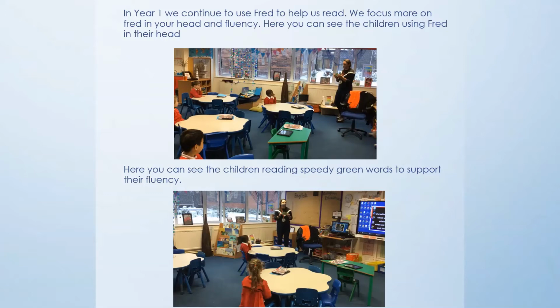This is where children, instead of sounding out loud, for example, saying k at cat, are now doing this sounding in their heads. In year 1, we are focusing on fluency and the speed of reading, and reading in their heads supports this. Here is a video of the children using Fred in their head in the classroom.